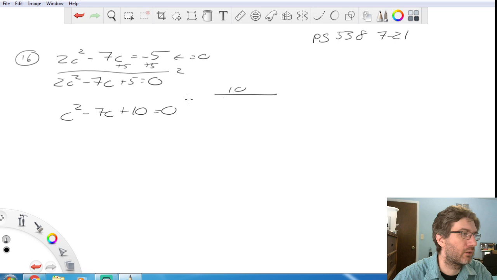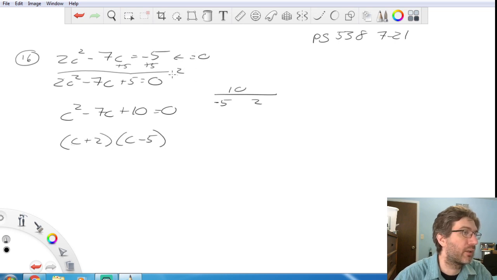Factor the 10. You get, see, they have to be 2 and 5 again. And the 5 has to be negative. So you get c plus 2 and c minus 5.